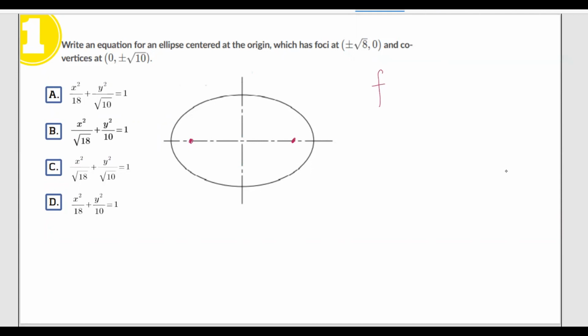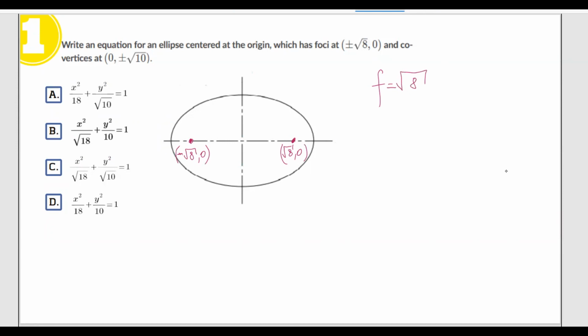This is square root of 8, 0, the coordinates of this point, and this is minus square root of 8, 0. So this tells me that the focal distance equals square root of 8.